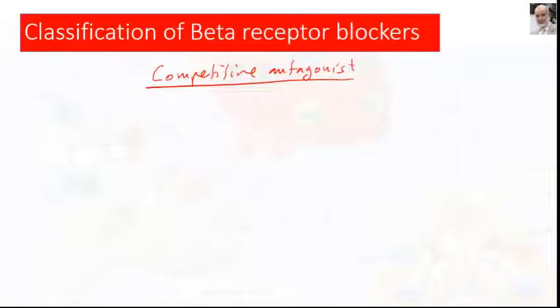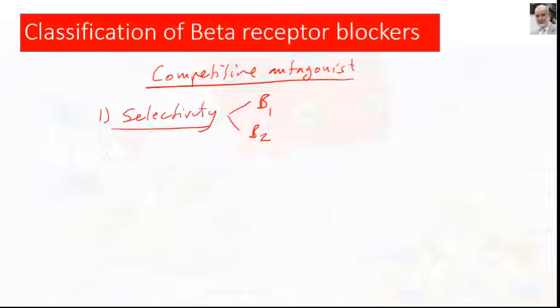Okay. The first difference, how beta blockers are different from each other, is in their selectivity. As we have said before, there are two types of adrenergic beta receptors: beta-1 receptors and beta-2 receptors. Beta-1 are always excitatory, while beta-2 are always inhibitory.